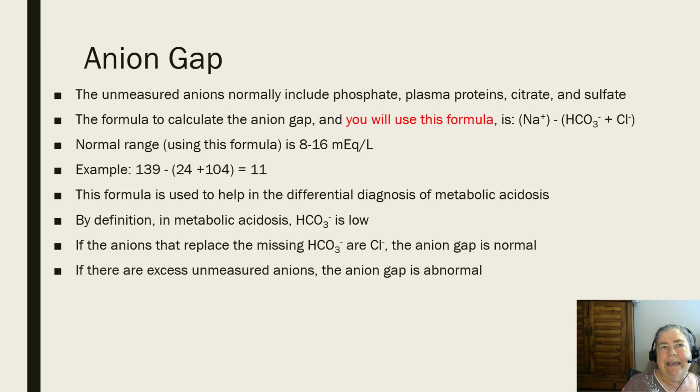So there is a non-anion gap metabolic acidosis, or if we have excess unmeasured anions, then we have an anion gap metabolic acidosis. This is only important in metabolic acidosis.